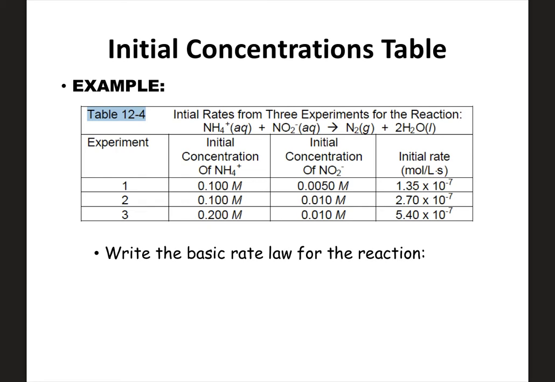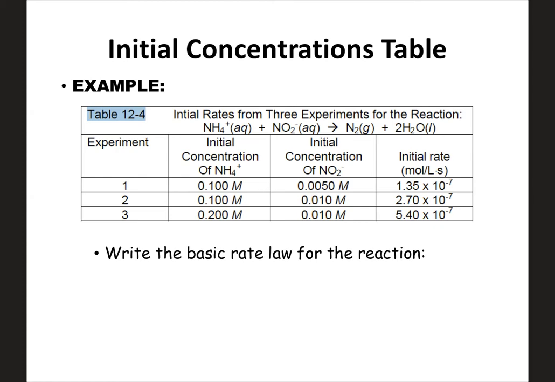But notice in experiments 2 and 3, the initial concentration of the NO2- is the same, and then we vary the concentration of the NH4+, and then we look at the rate for each of those. That's important. You do have to keep an initial concentration the same while changing another for 2 of the experiments. You'll see why, and we'll see how we do this as we go forward. But that's just something to realize.